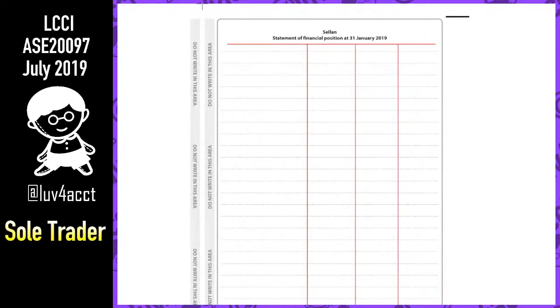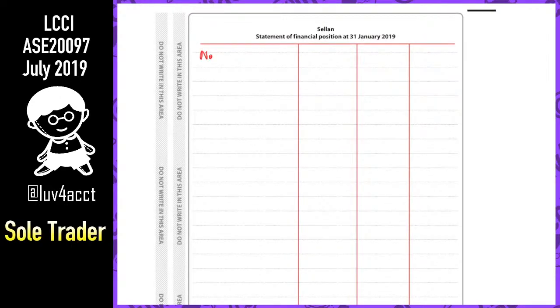So let's start with non-current asset: cost, accumulated depreciation, and carrying value.